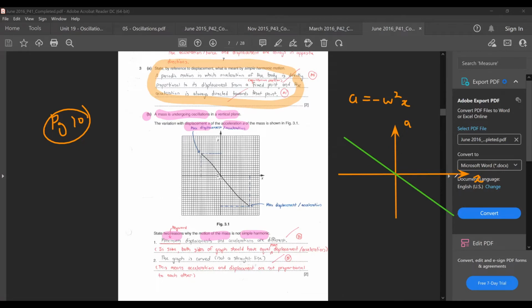If you are at x naught, you're going to get negative a max, and when you're at negative x naught, you're supposed to get positive a max. This is the graph that you're supposed to get. Looking at your current graph in the question, it's in no way the same as what I just drew on the screen. So what could be the two reasons why this is not simple harmonic motion?